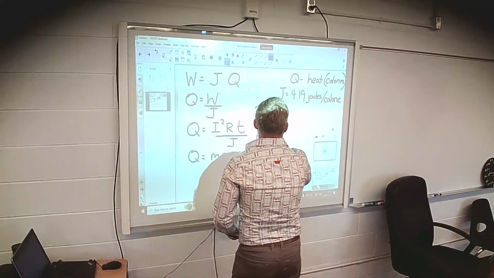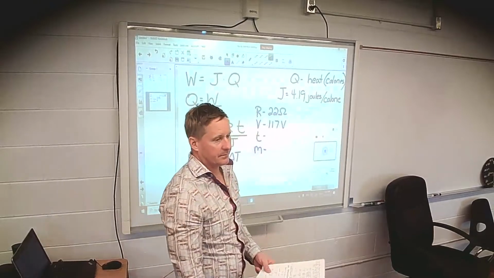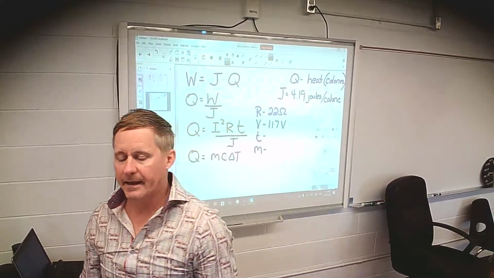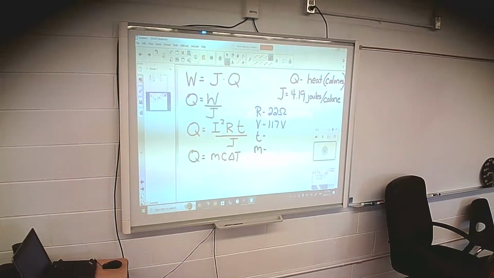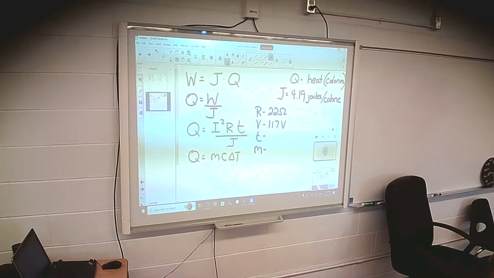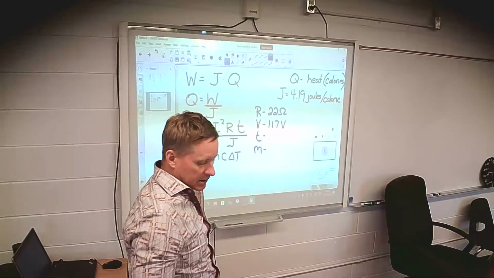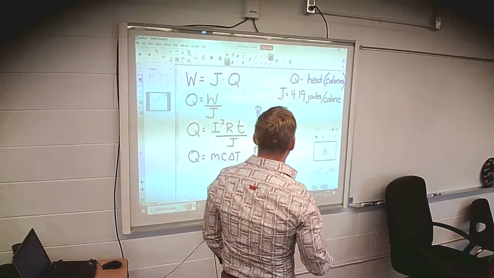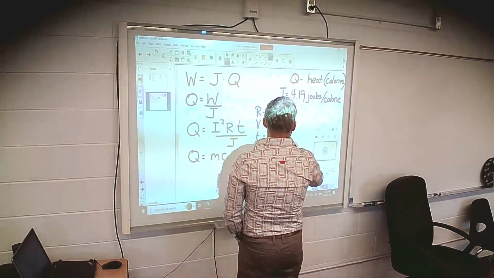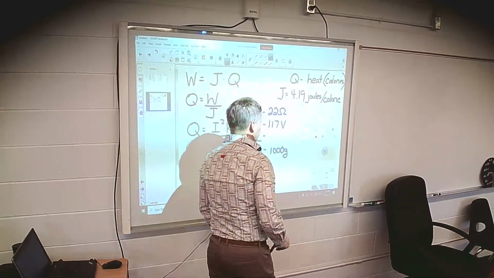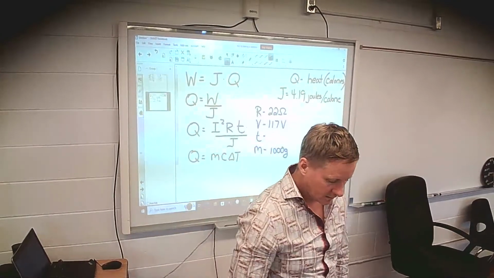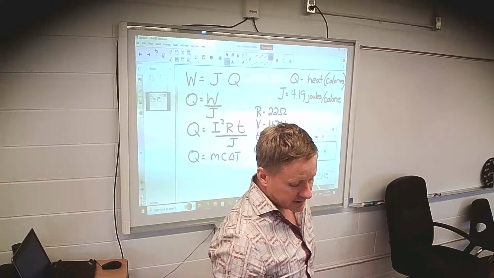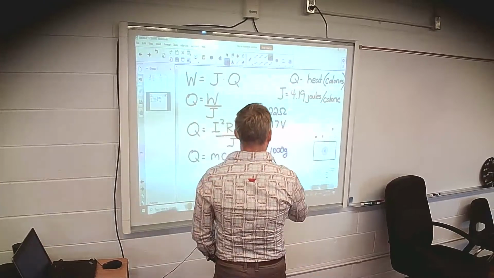Now, I'm going to make a suggestion to you today. I think it's far easier to work with grams and change to kilograms and kilocalories after the fact. So we'll convert everything to grams today. So 1 kilogram of water is 1,000 grams of water at 20 degrees Celsius to the boiling point of 100 degrees Celsius.